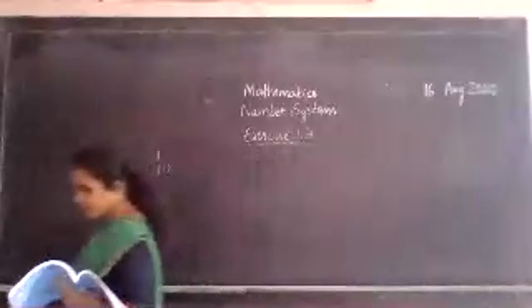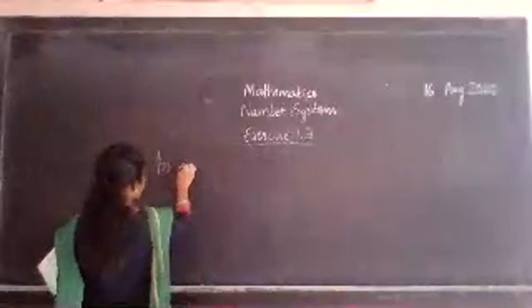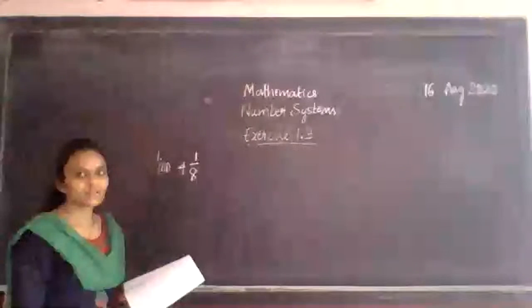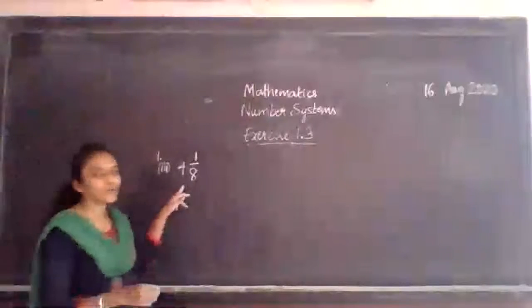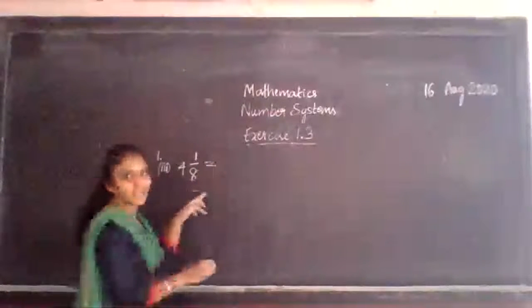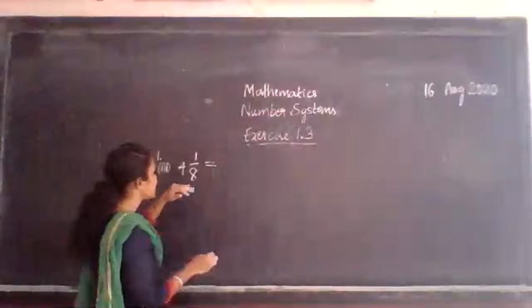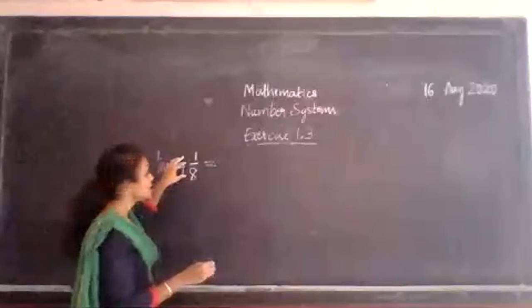The next problem is 4. I hope you know how to solve this mixed fraction. In order to solve this mixed fraction, you should first multiply this number, that is 8 into 4.